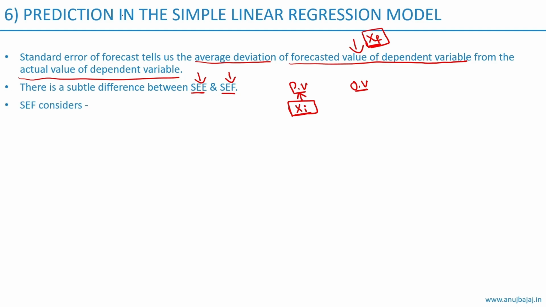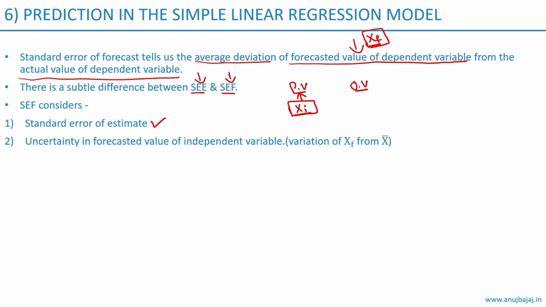Standard error of forecast considers the standard error of estimate. Along with that, it also considers the uncertainty in the forecasted value of the independent variable. And the standard error of forecast is also influenced by the sample size n.